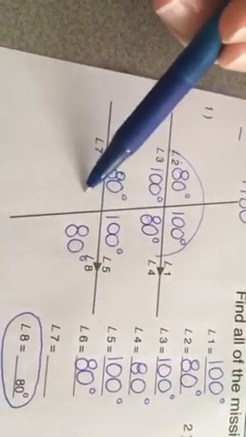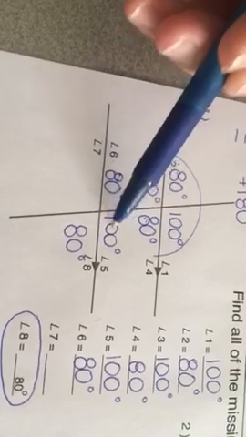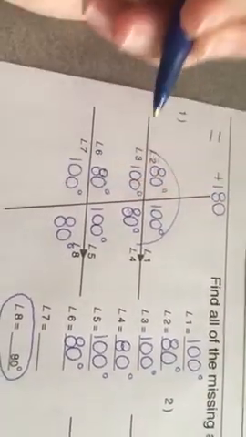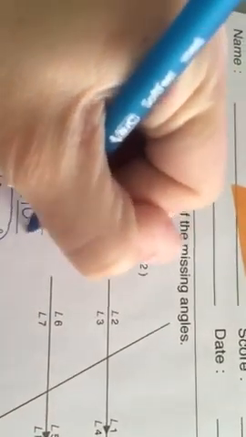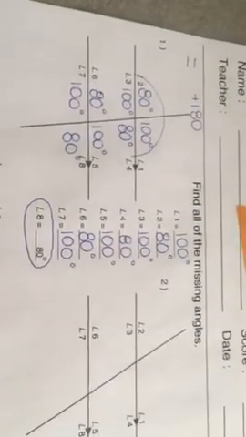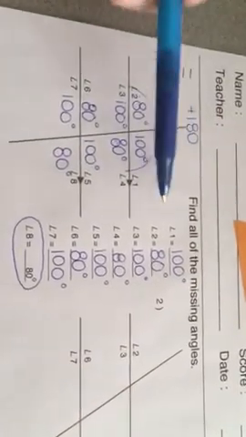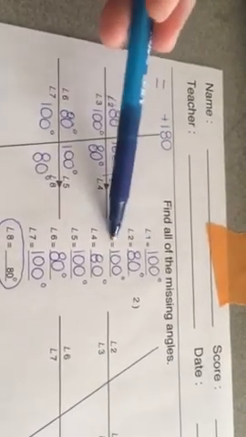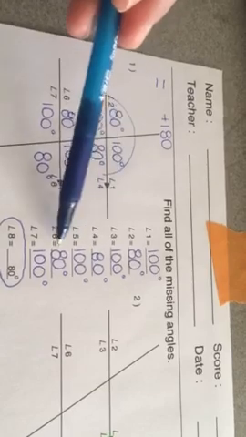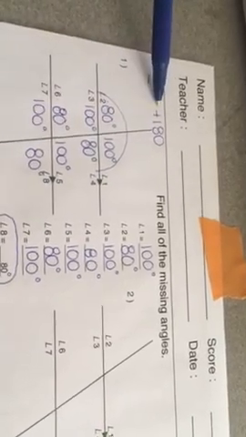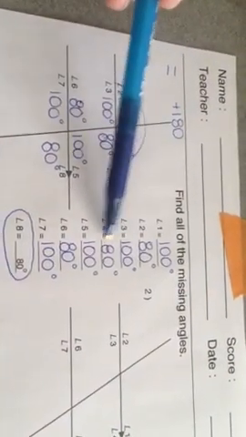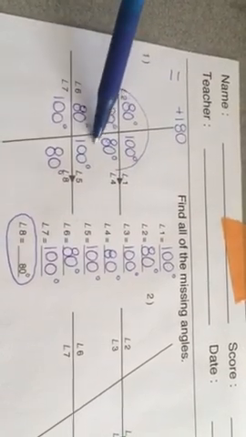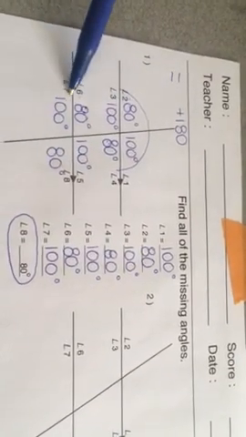And then we've got one last pair of vertical angles here, which are congruent. So angle 7 is also going to be 100 degrees. Okay, so now if we look at all of our angles, they're either 100 or 80. So all the angles are either equal to each other, all the hundreds are equal, all the 80s are equal, or they are supplementary, they add up to 180. Okay, so we have our 180, 180, 180, 180.